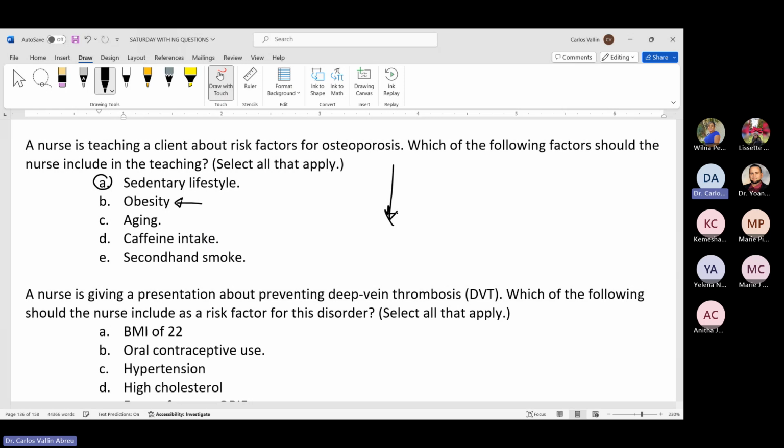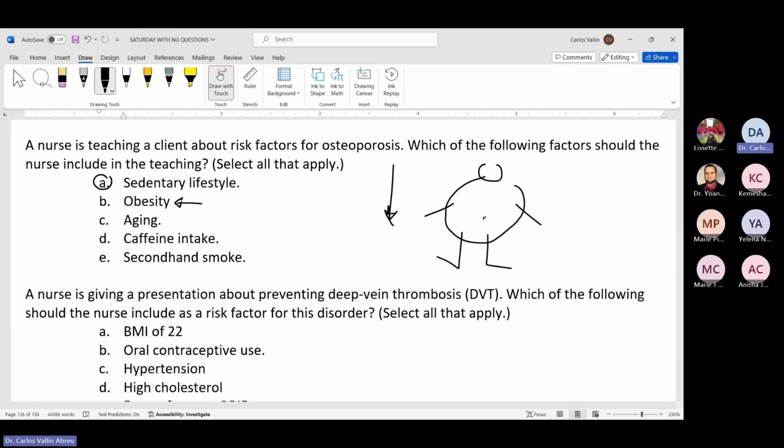But the other reason for which obesity is a protective factor is that post-menopausal women are the ones that have the highest risk of osteoporosis. But the adipose tissue of obese women produces estrogens. So when the ovaries fail and you have ovarian insufficiency and menopause and you stop producing estrogens in the ovaries, the adipose tissue continues producing estrogens.